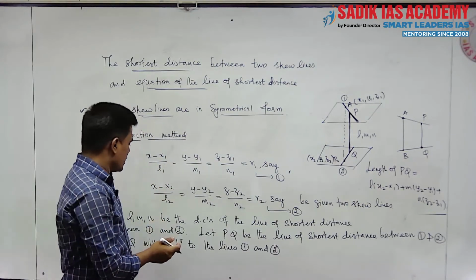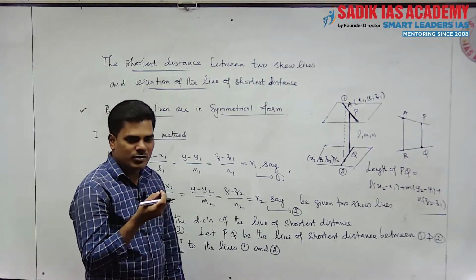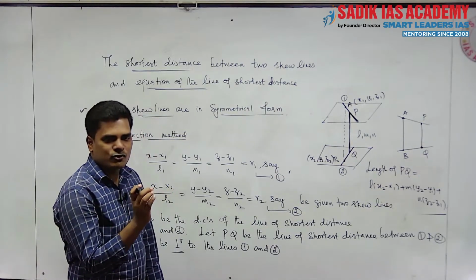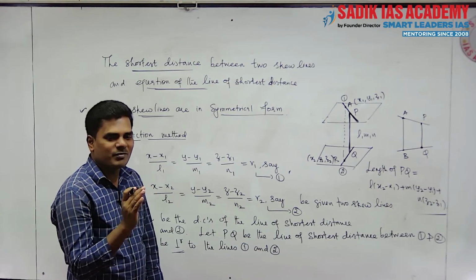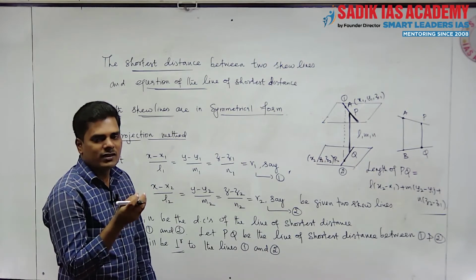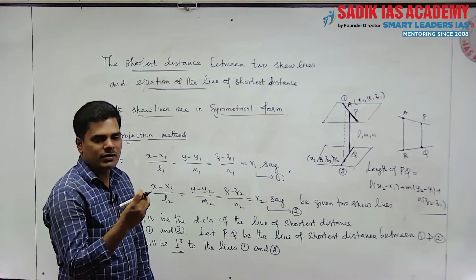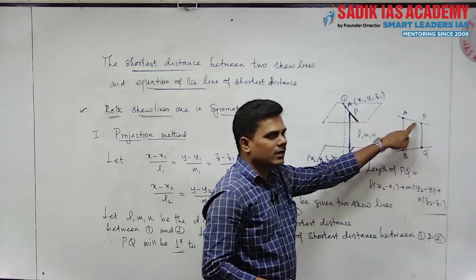Now, why am I bringing this perpendicular concept? We know if two lines are perpendicular, we can associate their direction cosines. These are lines, not planes with normals. Here all are lines. We can relate their direction cosines and form two equations. This line and this line are perpendicular.